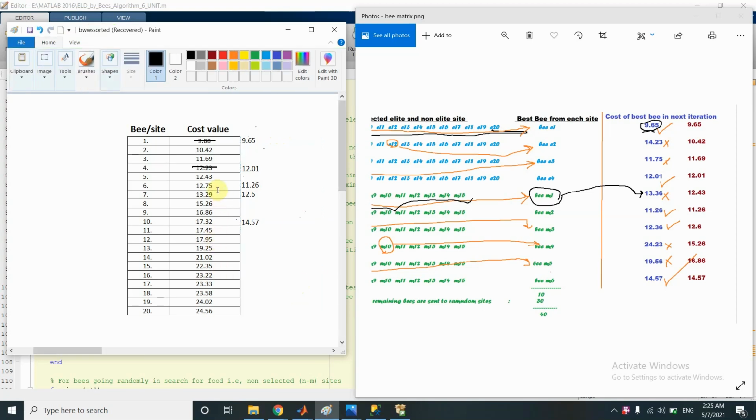And as a result of that, this, this, and these values will be discarded.